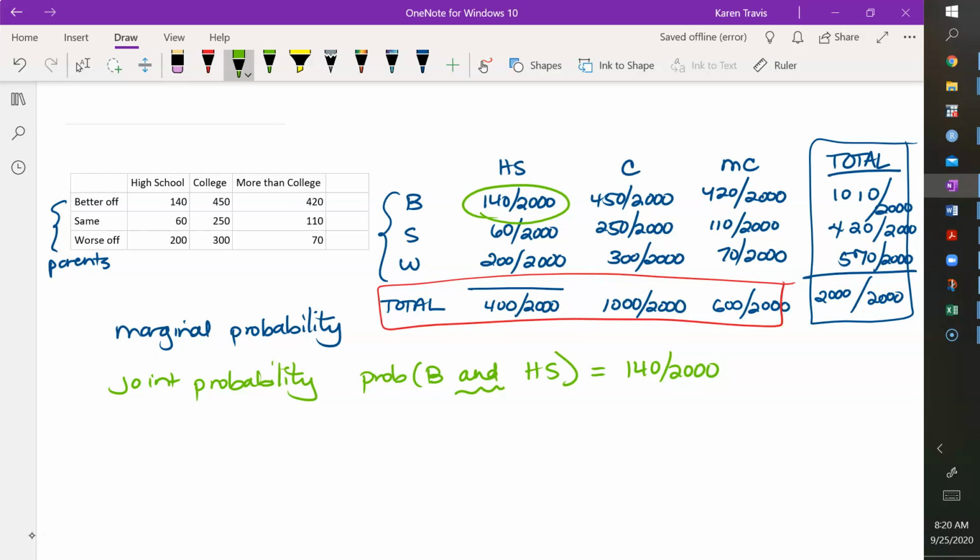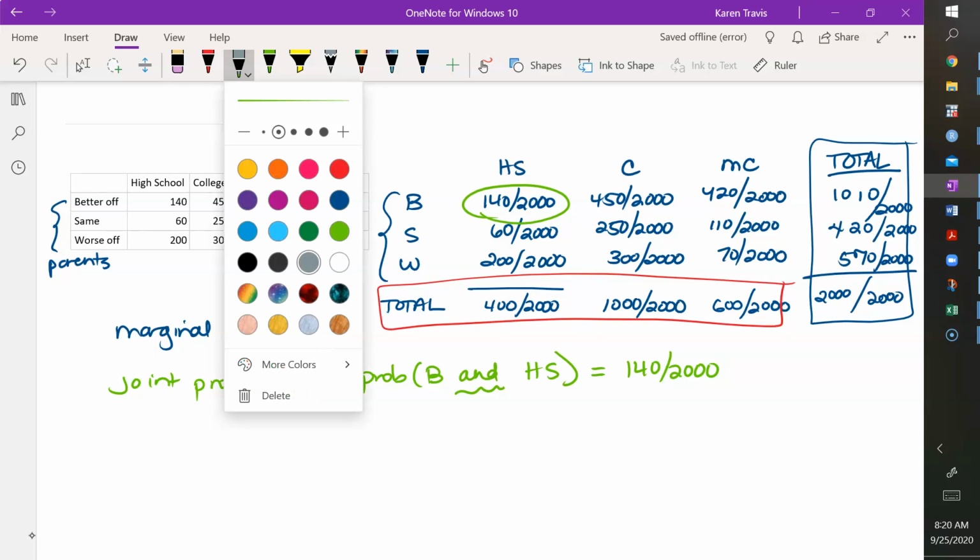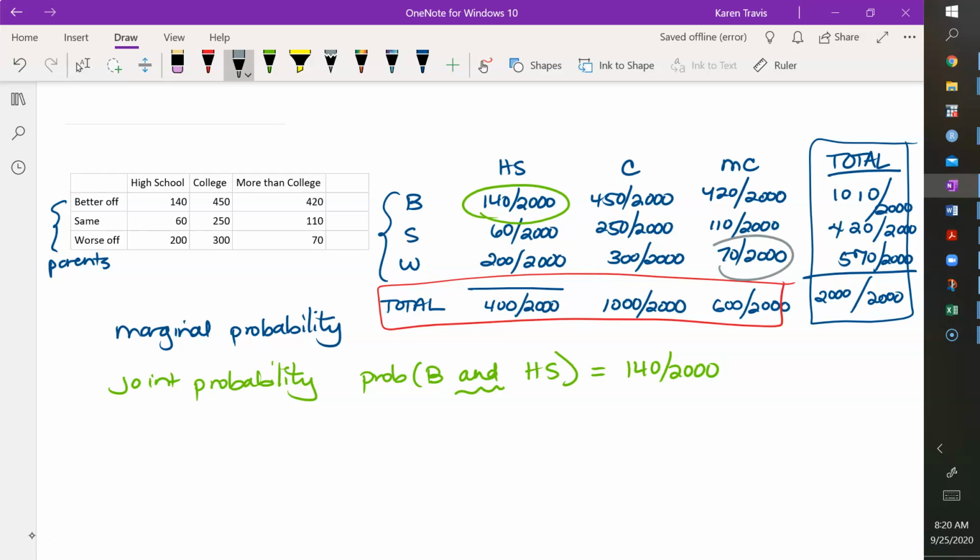So one way of thinking about this is if I had all these 2,000 people and I picked out only one, the chance that they had answered better off and high school would be 140 out of the 2,000. Let's do one more joint probability. Another one might be this.